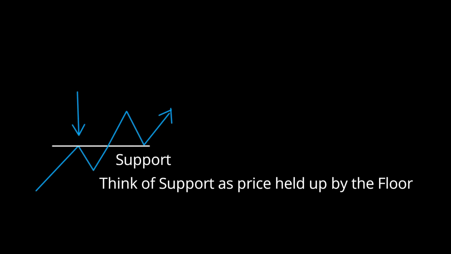Once we break through and go higher, previous resistance now turns support. And we can expect a bounce higher, right? So the area that used to be resistance now turns support. See how that works?